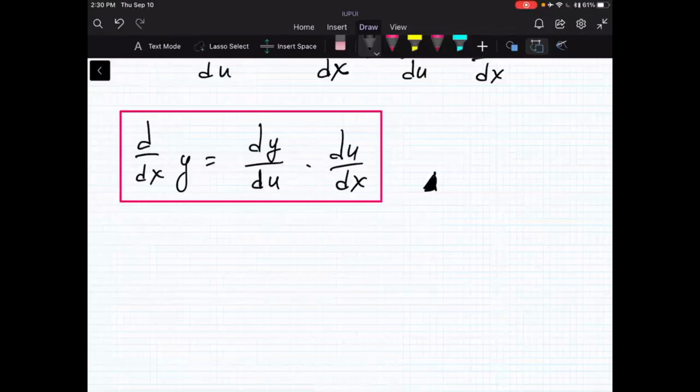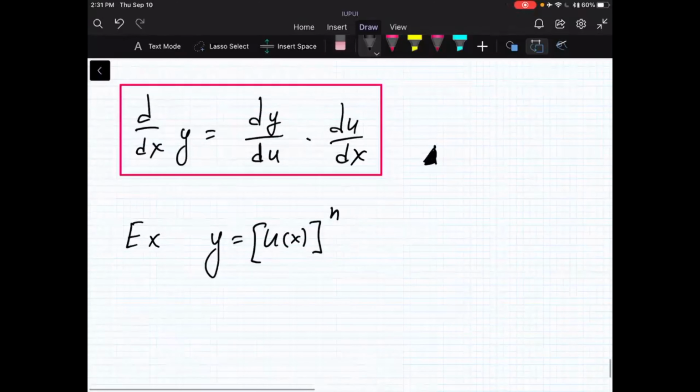You can now prove the generalized power rule in just one line, because take u of x to the power n, where u indicates some function of x. Because what we have is a composition of two functions.